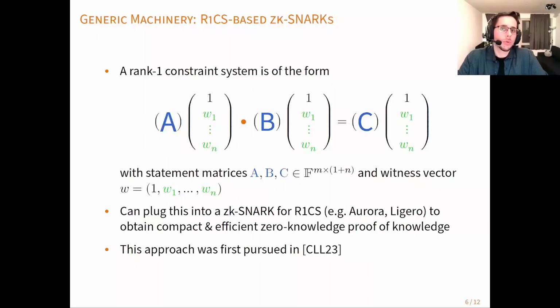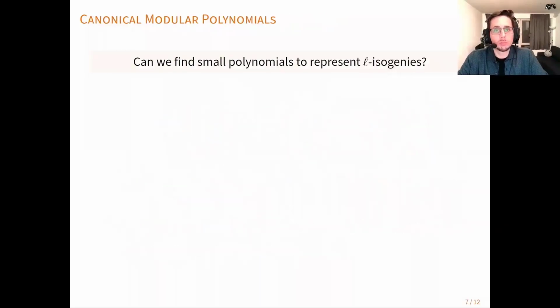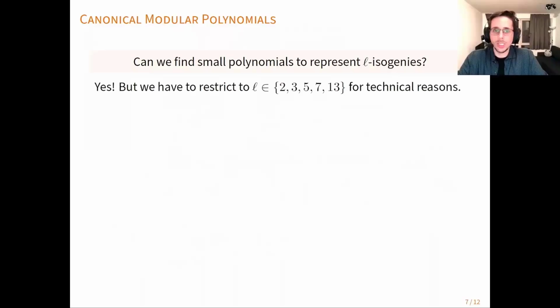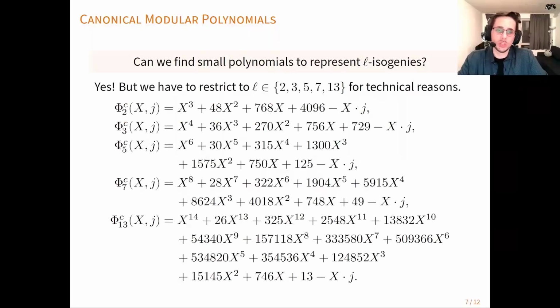And for this reason, we were thinking, well, can we find some polynomials other than classical polynomials? And the answer to that question is yes. But for technical reasons, mainly that the pointer graph is 0 instead of G0, we have those 5 primes: 2, 3, 5, 7, and 13. For these 5 primes, we can now list the canonical polynomials, which are the polynomials that we're searching for, just once.